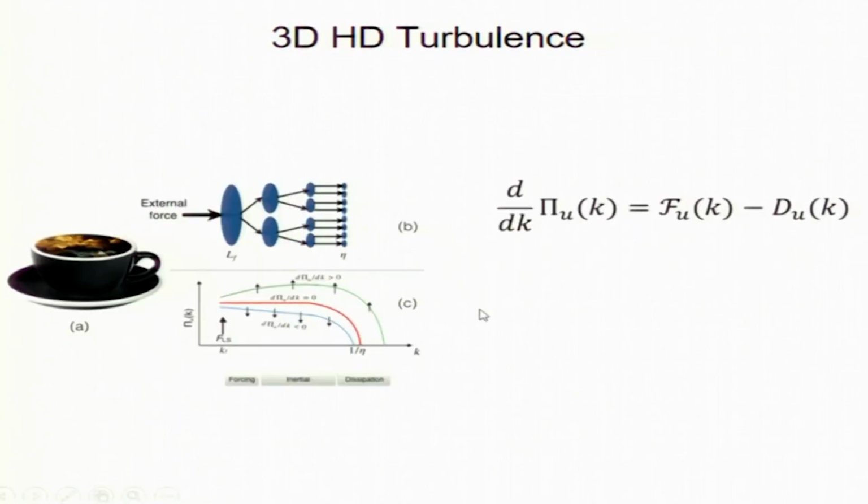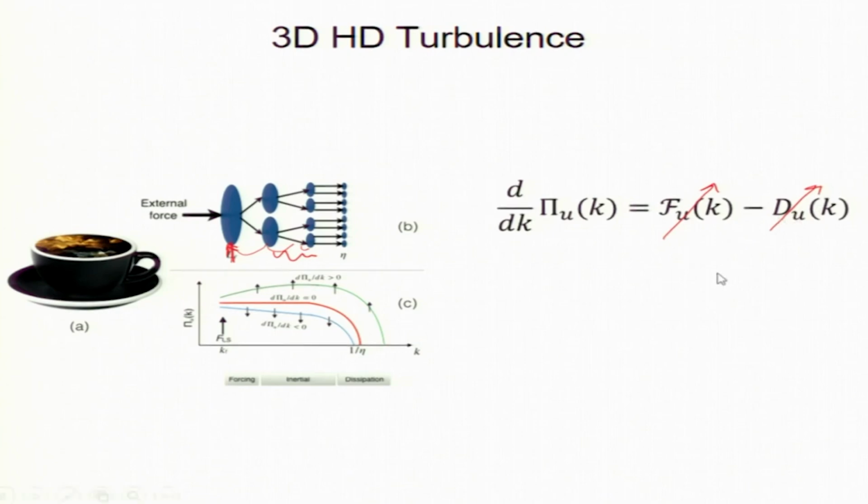So, this is one more example, the coffee cup. This is a multi scale transfer like that. Now, imagine for Kolmogorov theory, we say energy is injected only here at large scale. So, in between the region, this is 0. Also, in the intermediate range, the d u k is small, it is not 0, but small, so you can ignore it. Then what happens?